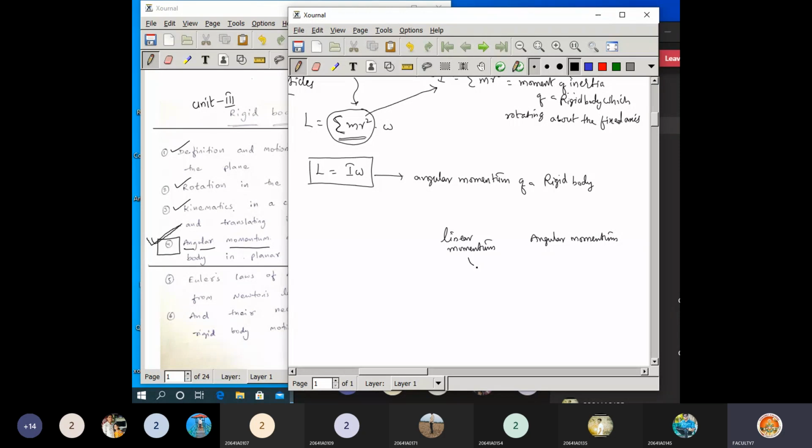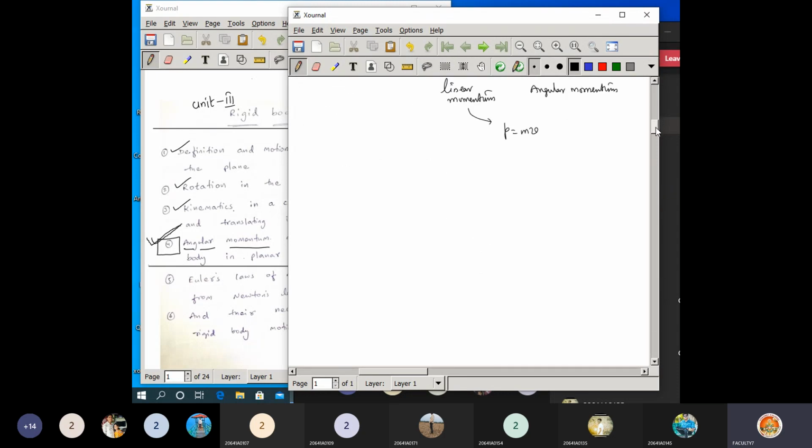Now regarding linear momentum, P equals mv. That was the equation we wrote. Now what is the angular momentum? Angular momentum is L equals I omega. Now if you compare here, m is replaced with I, and the linear velocity is replaced with the angular velocity.